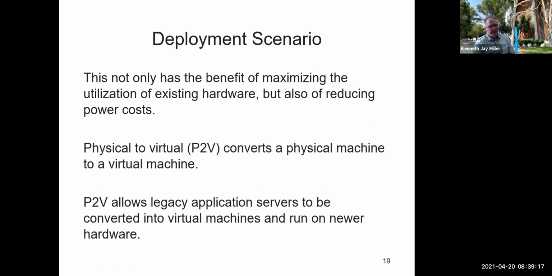This not only has the benefit of maximizing the cost of the hardware, but it also reduces the cost of the power. And power costs are something that continue to increase, right? You know, the advent of solar. And one thing I'm really excited about is this hydrogen fuel cell technology, and then the increase in the technology in the batteries, the storage batteries.